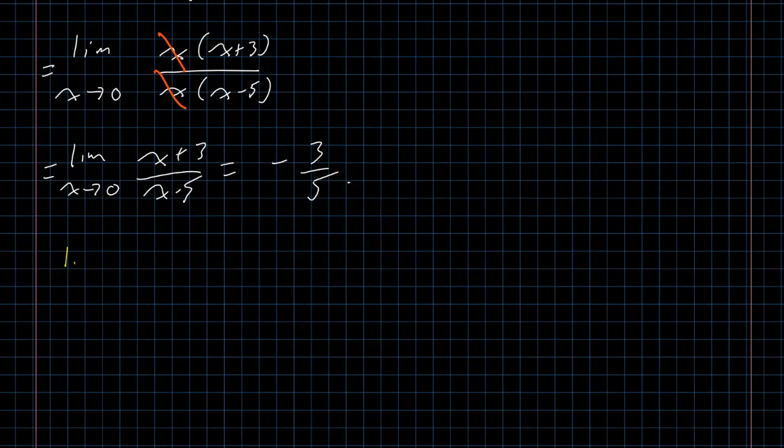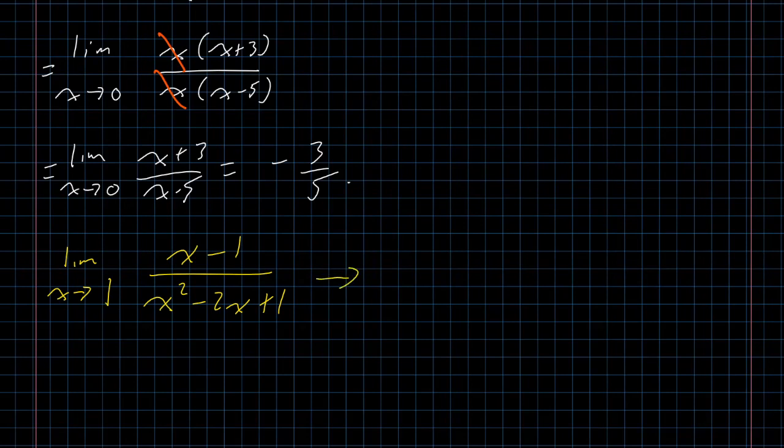If I want to take the limit as x approaches, say, 1 of x minus 1 over x squared minus 2x plus 1. Once again, if I plug in x equals 1 in the numerator, I get 1 minus 1, which is 0.